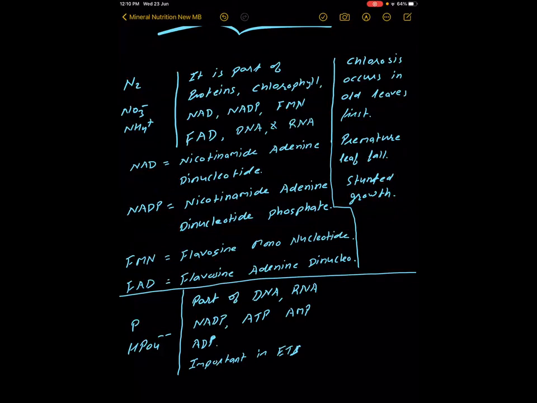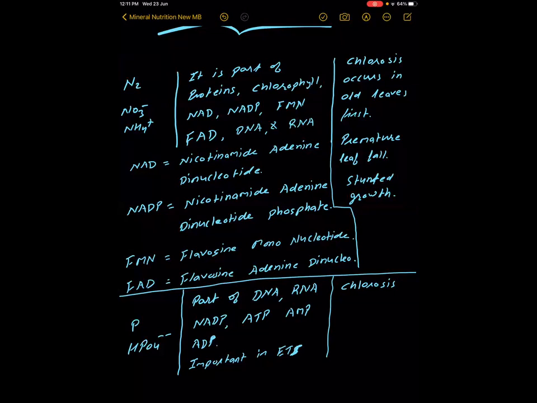So it is important here. Is it ETB or ETS? It is ETS, electron transport system. You can also say ETC, electron transport chain.